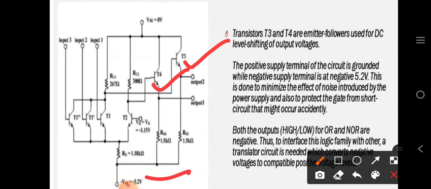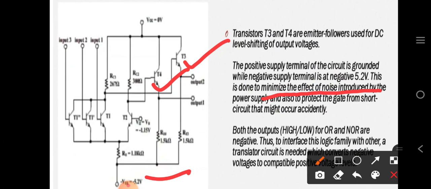This is done to minimize the effect of noise introduced by the power supply. So why is this positive and negative concept applied? Just because we have to minimize the effect of noise introduced by the power supply and also to protect the gate from short circuit that might occur accidentally.